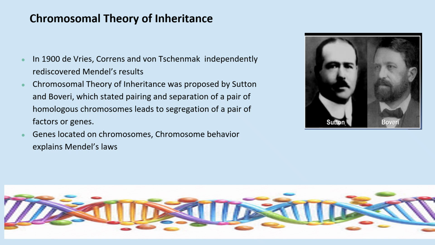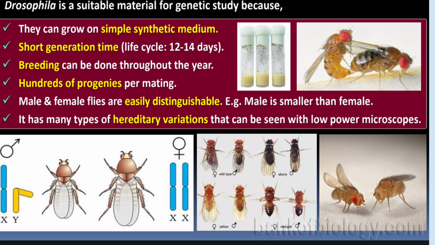And then onwards in 1900, three scientists, Hugo de Vries, Correns and Schenmark, worked independently and rediscovered that whatever mathematical work Mendel had done, whatever mathematical conclusions Mendel had drawn, whatever laws of inheritance Mendel had given were all correct. So they stated that the factors that he had been telling about were actually the genes which are present on the chromosomes.